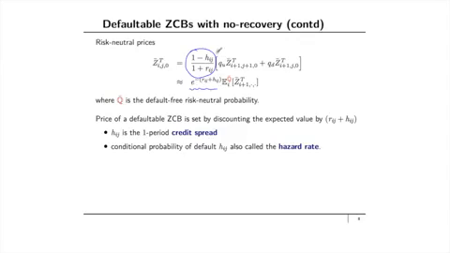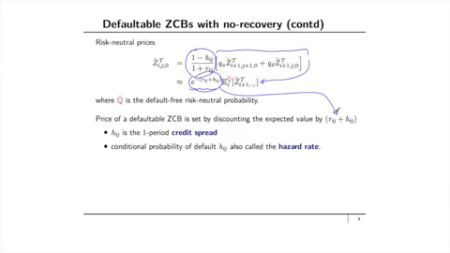And the quantity in the bracket here is actually an expected value with respect to a different probability measure, which we're going to call the default-free risk-neutral probability measure. What do I mean by default-free? What I mean is that all the default rates have been pulled out. So the price of a defaultable zero coupon bond is set by discounting the expected value by R_ij plus h_ij.